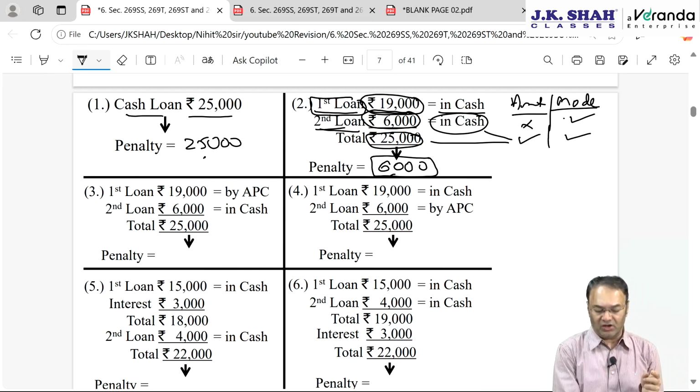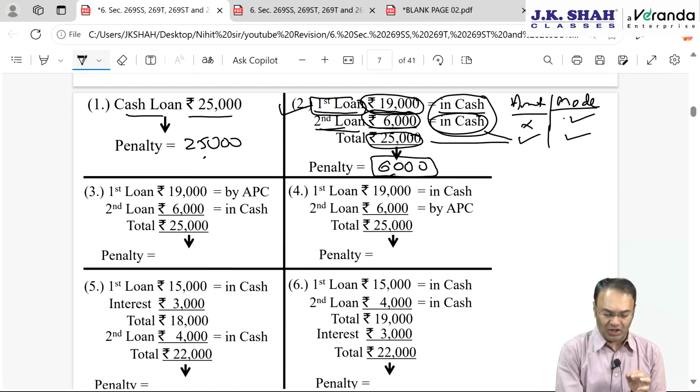Okay. Now, the third and fourth examples are a continuation or a little variation of the second example. In the second example, both the loans were in cash: first loan in cash, second loan also in cash. In the third example, the first loan is by way of account payee cheque, and the second loan is by way of cash. The first loan is 19,000.